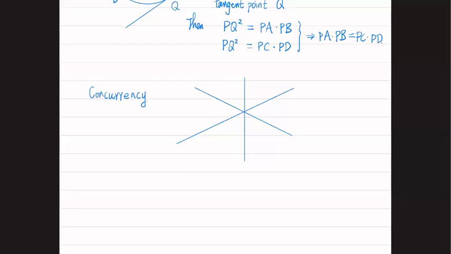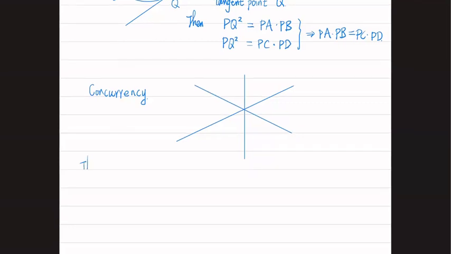So that's our notion, three lines concurrent.